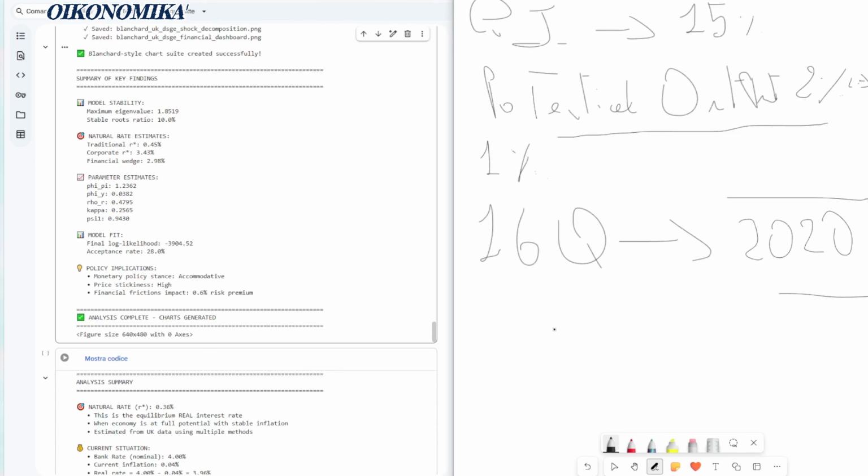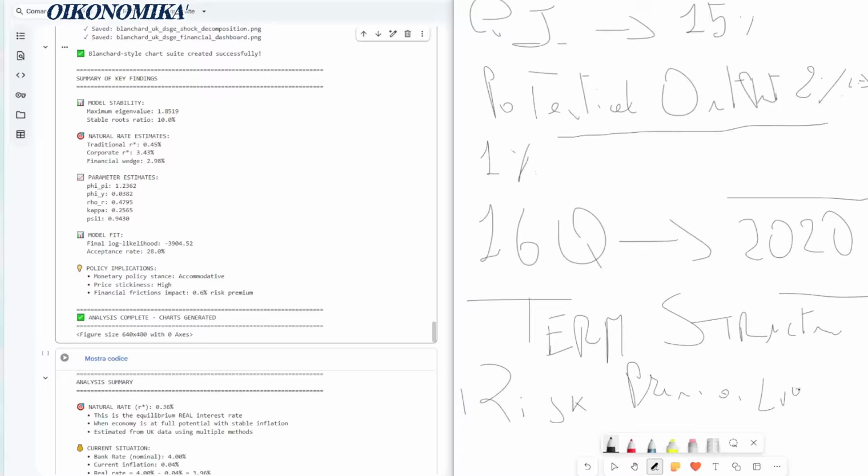And you have an inflation outcome, you have an exchange rate outcome, and crucially you have a term structure risk premium, liquidity premium. In simple terms, the cost of borrowing.